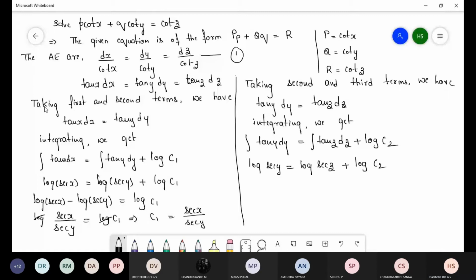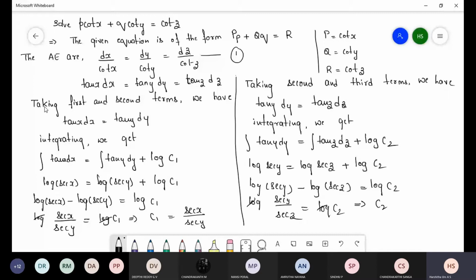Log of secant y minus log of secant z is equal to log of C2. Apply the logarithm property. Log A minus log B is log of A divided by B. Log will get cancelled.